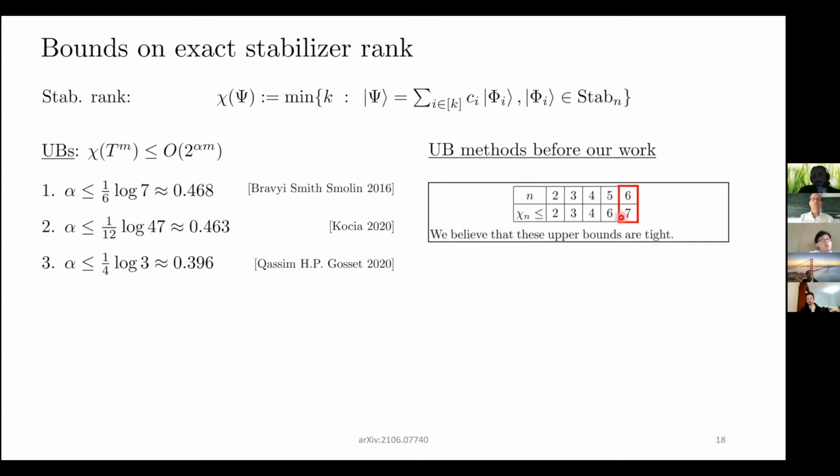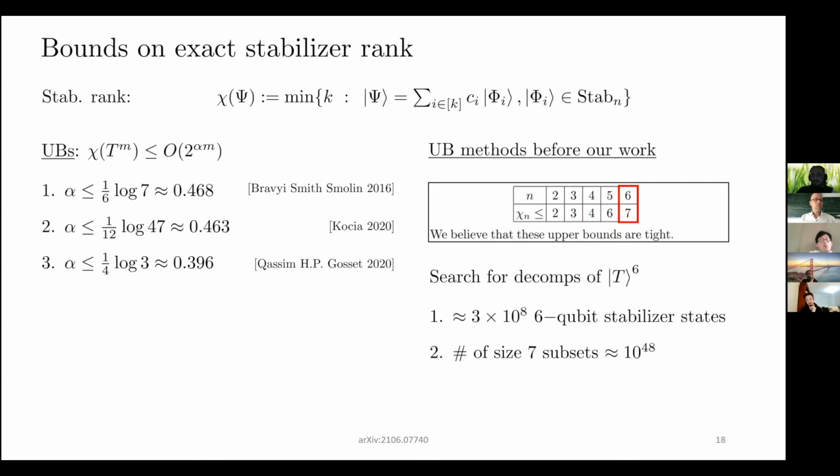But this is actually computed manually using a simulated annealing procedure. So it's like a heuristic search over some huge space to try to find linear decompositions of these states. And just to give you an idea of how big a space we're searching over to get something like this, you're trying to search for decompositions of 6 qubits. There are approximately 300 million 6-qubit stabilizer states.